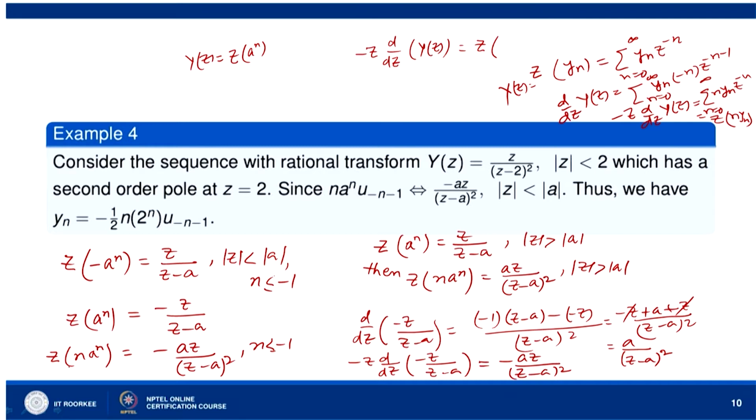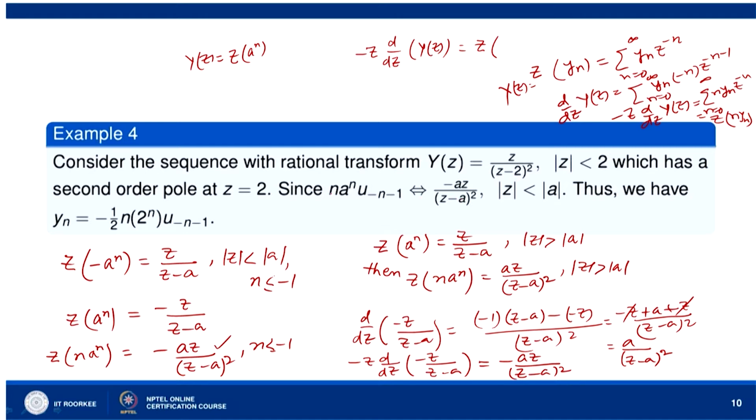So, this is the Z transform of n a to the power n: minus a z upon z minus a whole square. So, since n a to the power n u of minus n minus 1 goes to minus a z by z minus a whole square when mod of z is less than a, we can see y n from here. We have z over z minus 2 whole square, so replace a by 2 here.